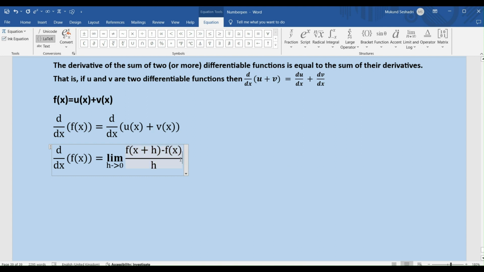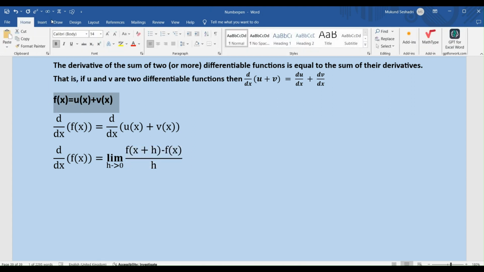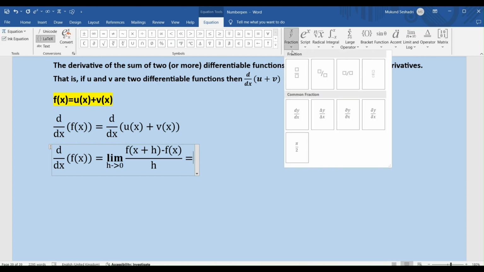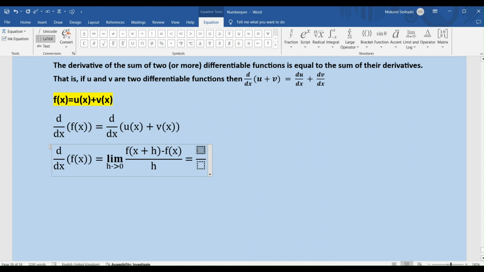And so when we expand this further, right, we have an f of x plus h in the numerator, right? And what is my f of x plus h? When my f of x equals u of x plus v of x, and let me highlight this in yellow, I can call out my f of x plus h in terms of u and v, right? And how do I do that? All that I need to do is u of x plus h plus v of x plus h, right?